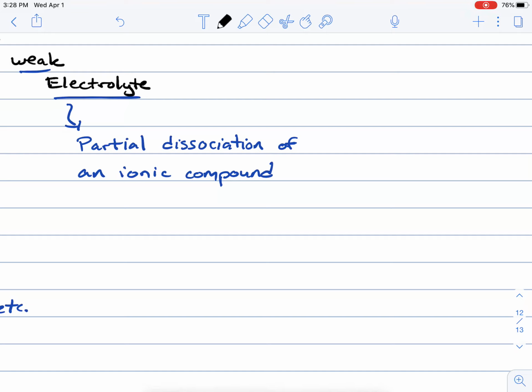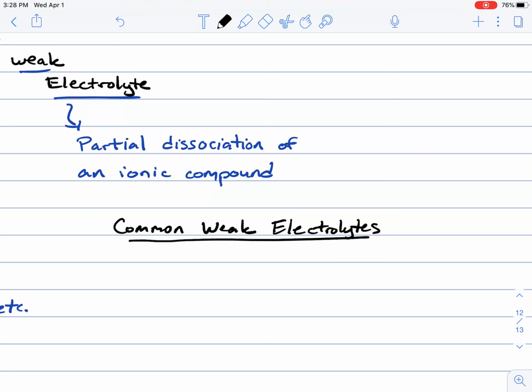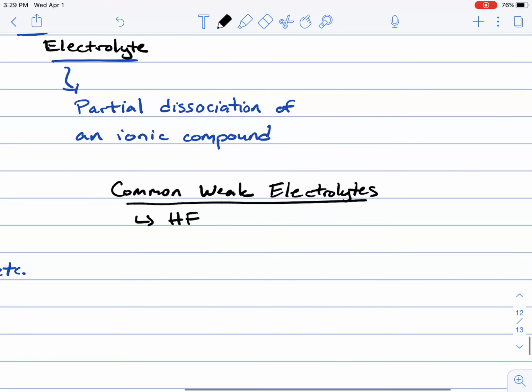And so common weak electrolytes include hydrofluoric acid. Let me take a step back. Amongst all of the halogens in their acidic form, hydrofluoric acid is the weakest among them.